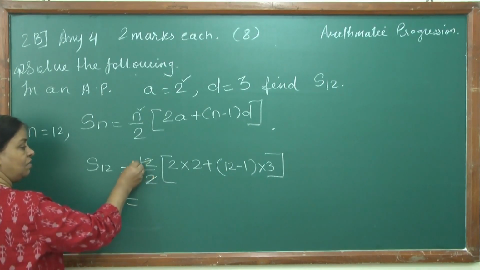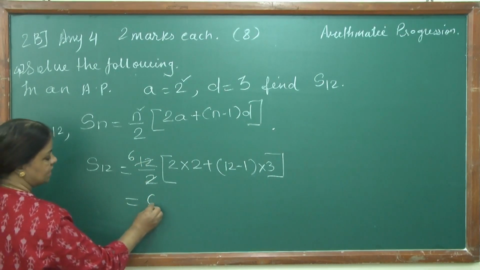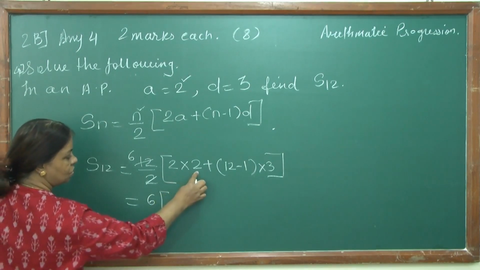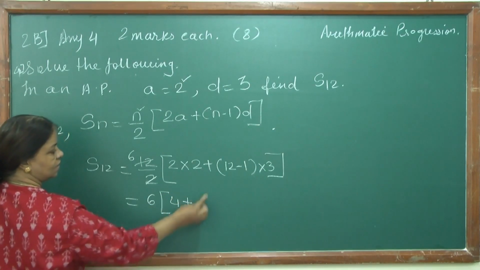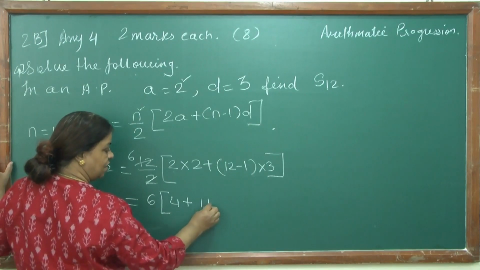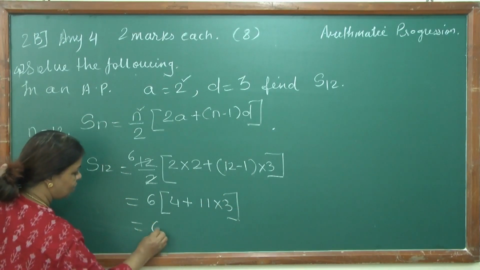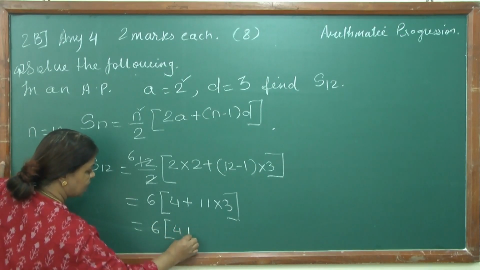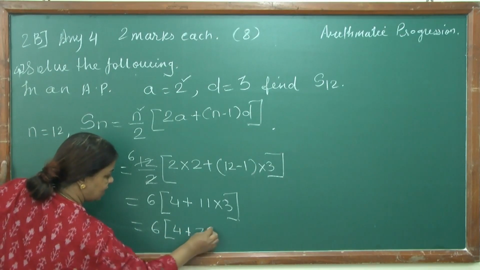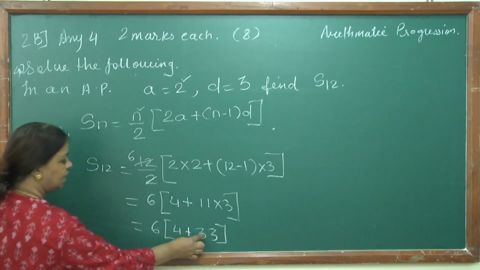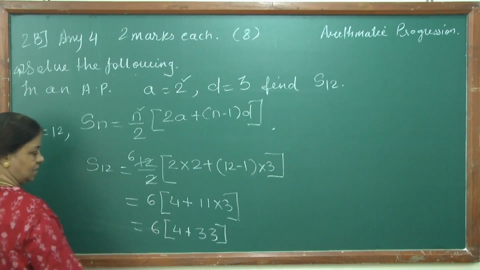Now 2 and 12 can divide. 2 can divide 12, so it will be 6. 2 2s are 4 plus 12 minus 1, 11 into 3. Now 6 will be outside the bracket. 4 plus, first you multiply. 11 3s are 33. 33 plus 4 is 37.